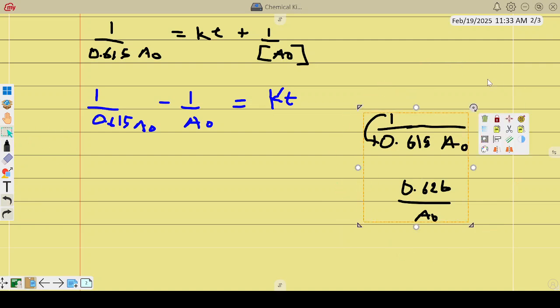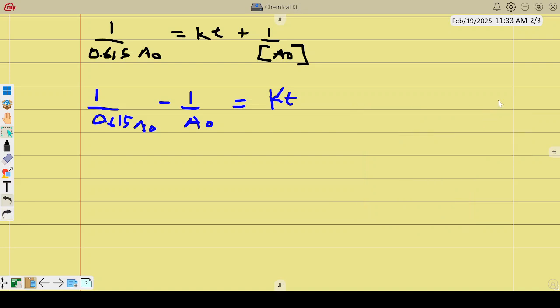Remember, this is a lecturer's favorite, such questions which should spin your head. So this can be written as 0.626 over A naught. You might be asking, why have we done it like that? So that we have the same denominator. That's when it will be easier to work with.